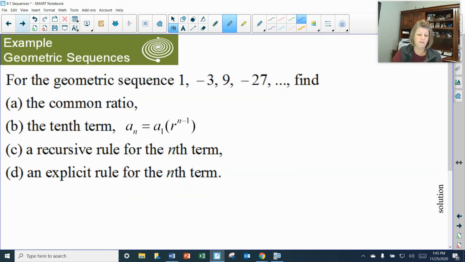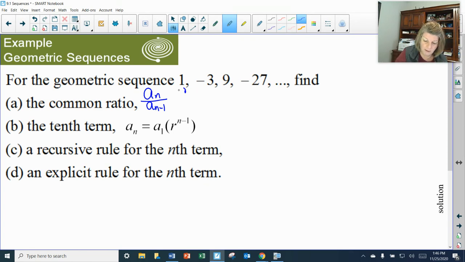Let's move to geometric. For the geometric sequence 1, -3, 9, -27, find the common ratio. So I'm going to do a sub n over a sub n minus 1, term to the right over term on the left.